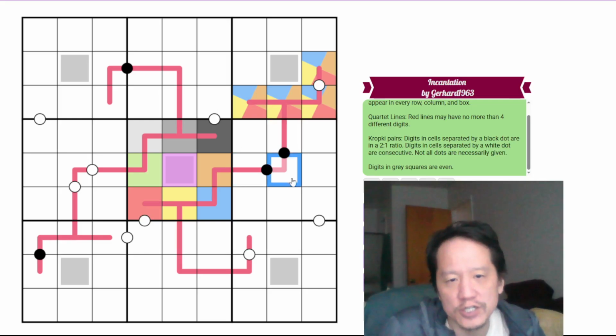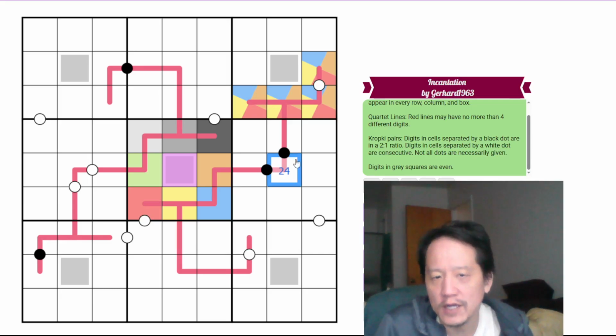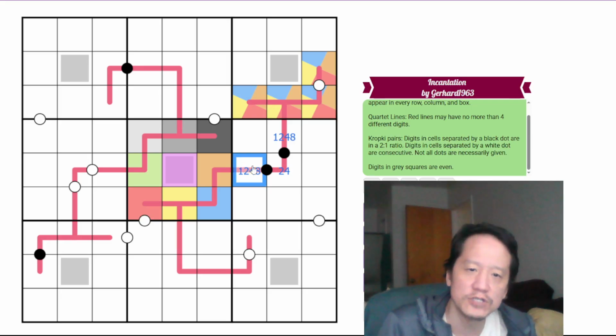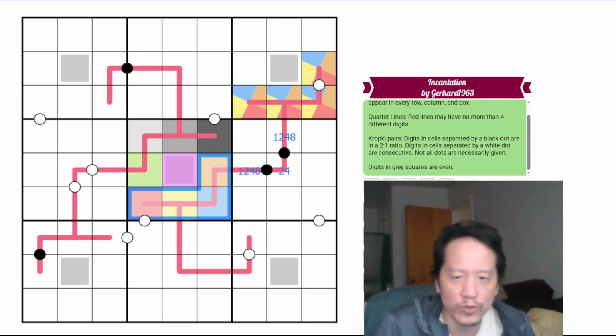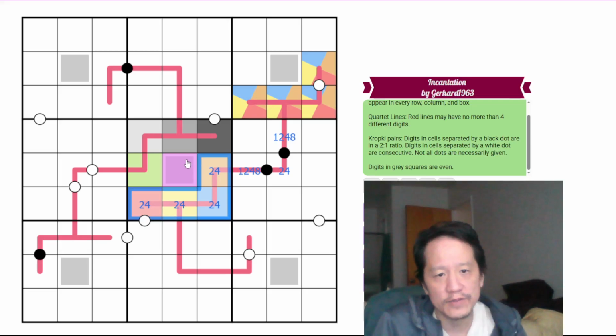The only digit that can be in a 1-to-2 ratio with 2 other digits is 2 or 4, and that must be either with 1, 2, 4, or 2, 4, 8. So it's either 1, 2, 4 here, or it's 2, 4, 8. Either way, 2 and 4 have to be in these cells. Therefore, this cannot be 2 or 4. It has to be 6 or 8 for the pink.